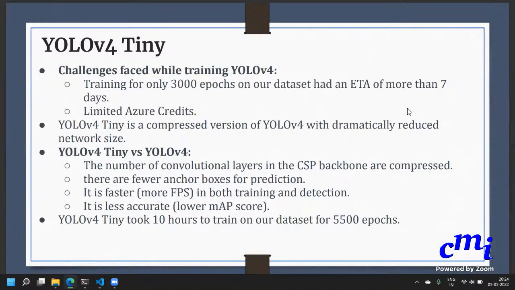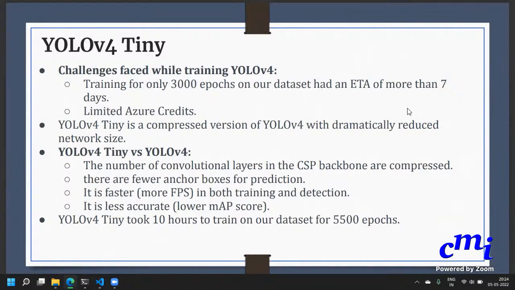But what we did instead was we trained YOLO V4 Tiny. YOLO V4 Tiny is basically a compressed version of YOLO V4 with dramatically reduced network size, and it is also much faster in terms of both training and detection.